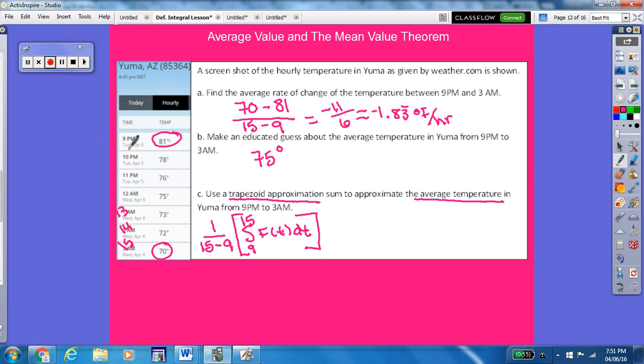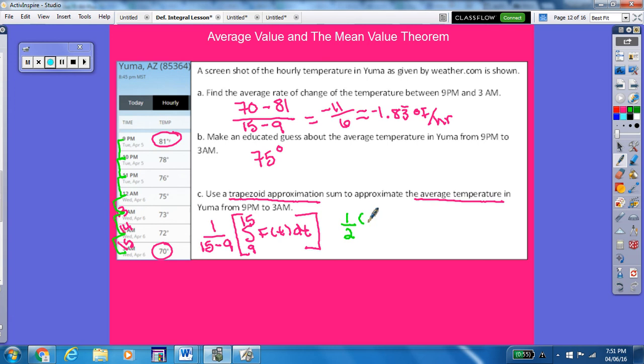If you notice, right here, we'll be able to draw trapezoids that are 1 hour apart. So we'll be able to do 3, 4, 5, we'll be able to do 6 of them, okay? And they're all 1 hour apart, so I can use a formula. My trapezoid approximation would be 1/2, and I'm using the formula because the width of the interval is the same.